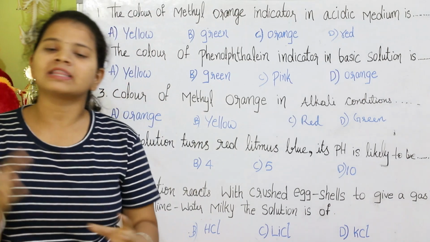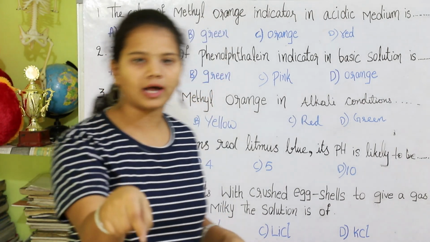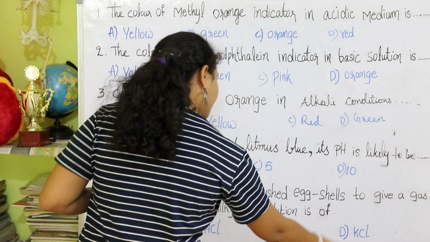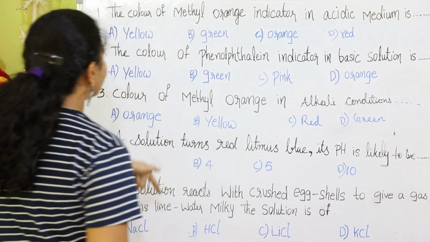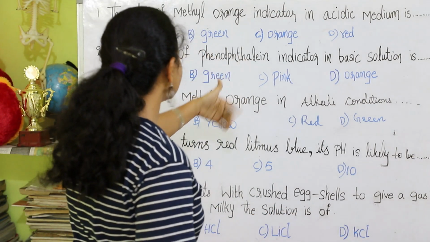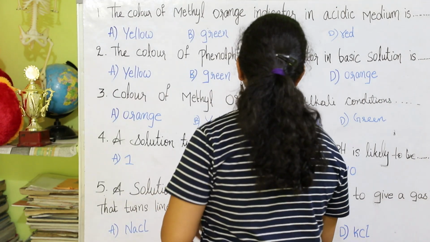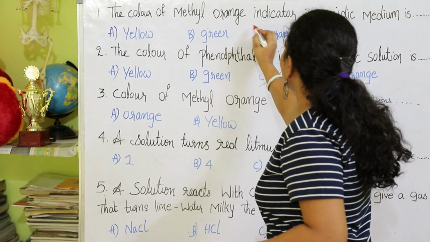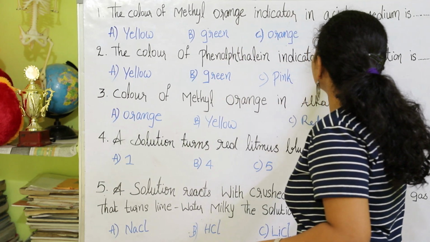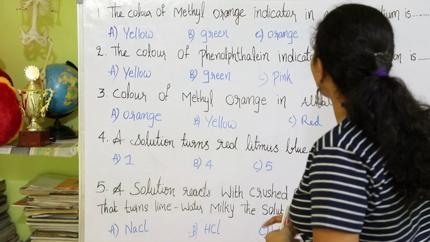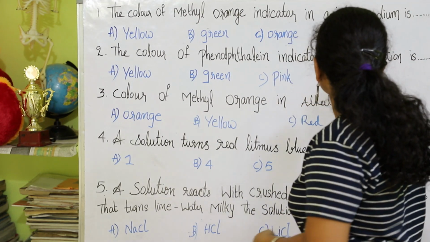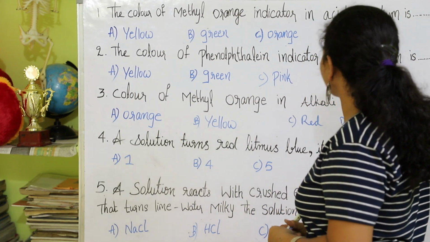If it is mixed with basic or alkaline medium, it turns into yellow color. So here, if methyl orange is mixed with acidic medium, it shows red color. So option D is correct in the first case.